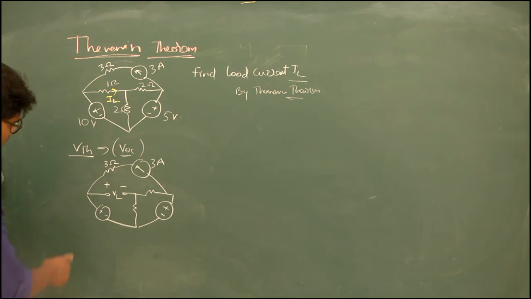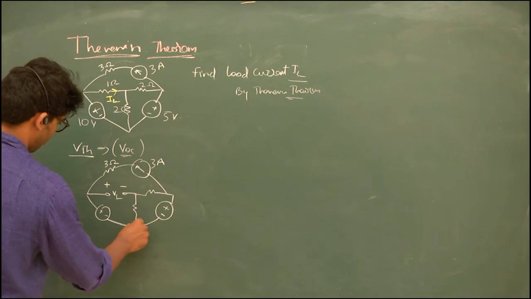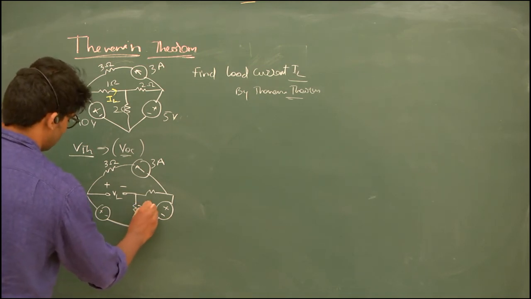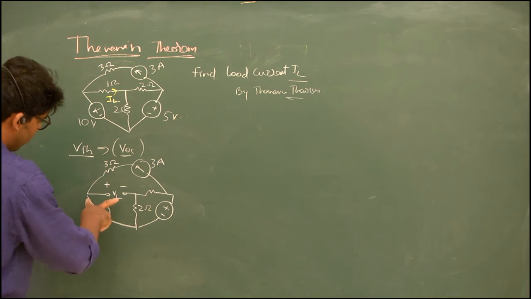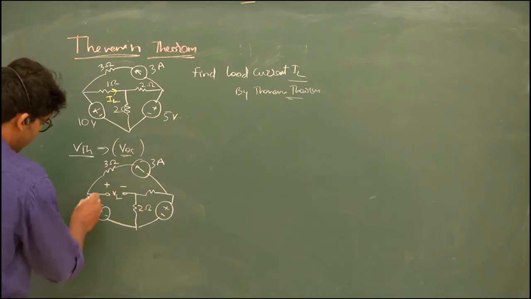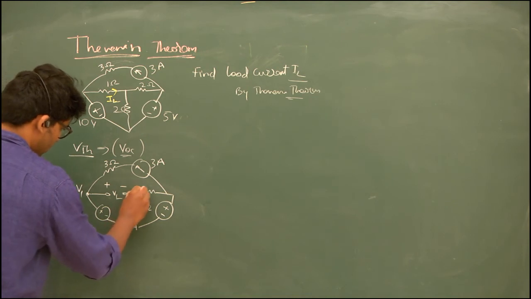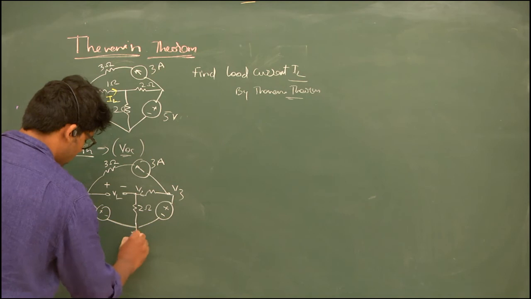Finding VL means we need to keep this 2 ohms. Okay. So finding VL means we have to find the drop across this. Let us say this is V1, this is V2, this is V3, and this is ground.